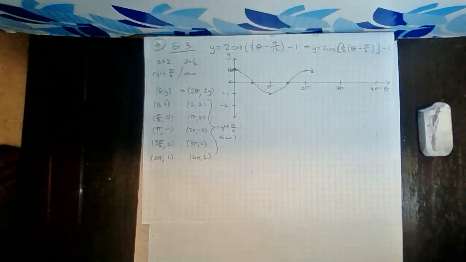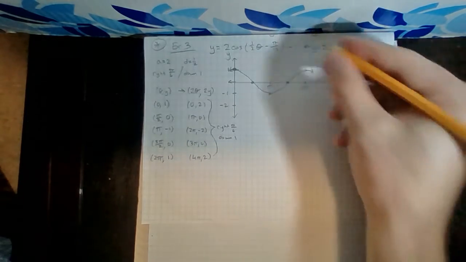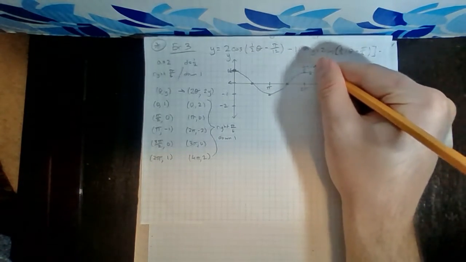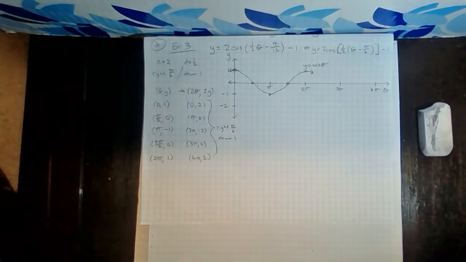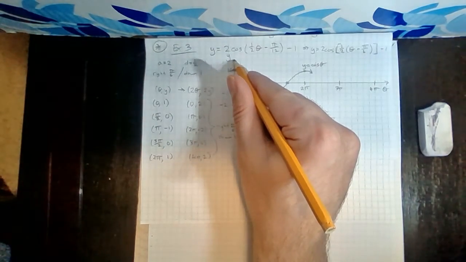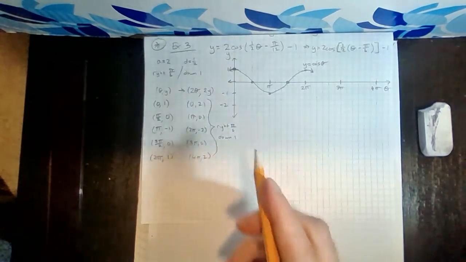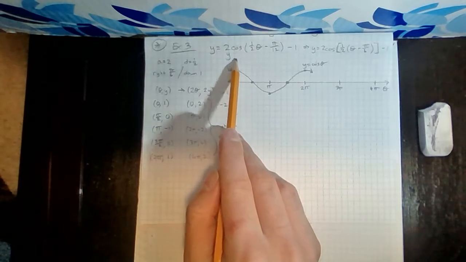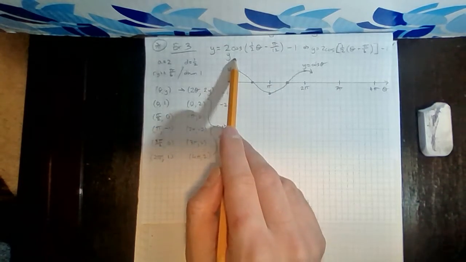That is one cycle of our parent function, y equals cosine of theta. Now our transformed function, so 0, 2, shift right by pi over 6. So that's pi is 6 of these units.